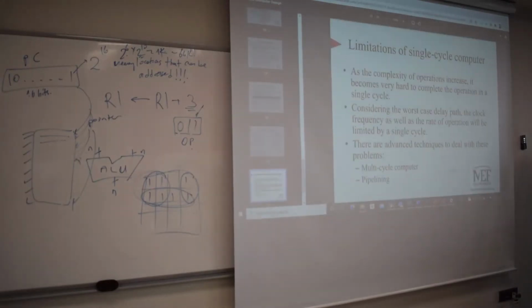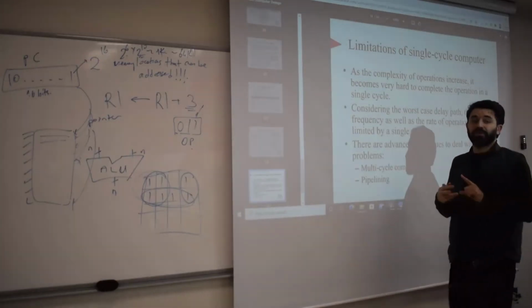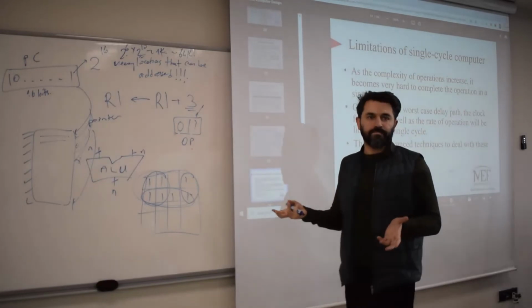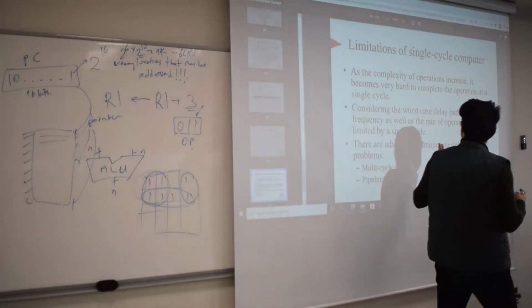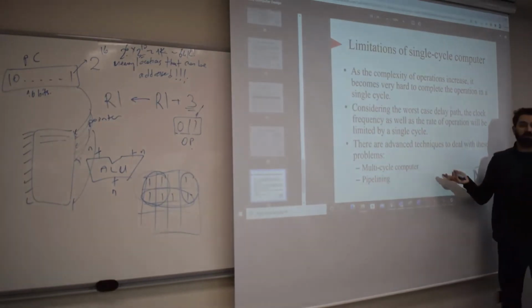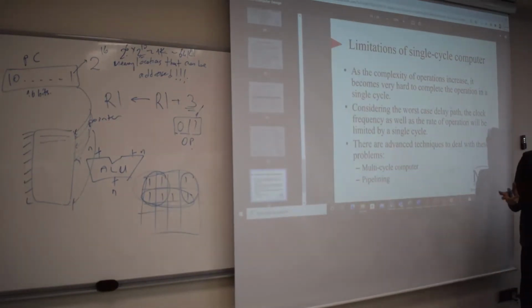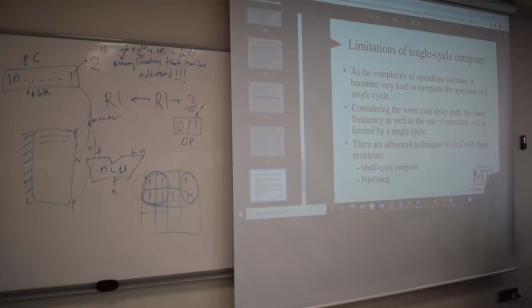Okay, this is a single cycle, hardwired control plus data path computer. There are several limitations. First of all, as the complexity of the operations increases, you see the instructions are pretty easy: add, XOR, shift, branch, jump.